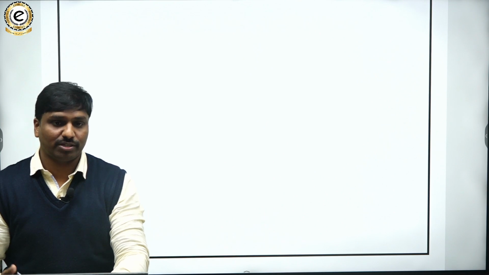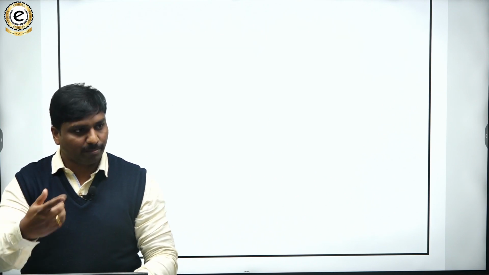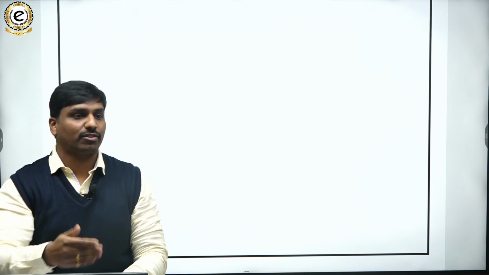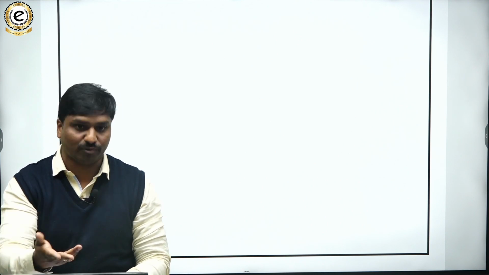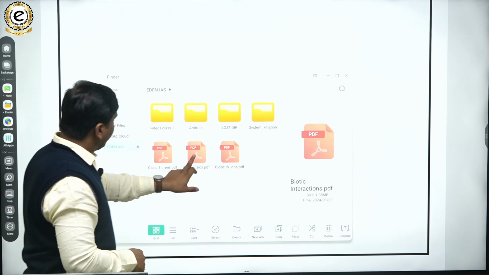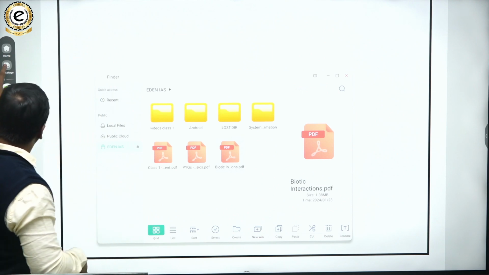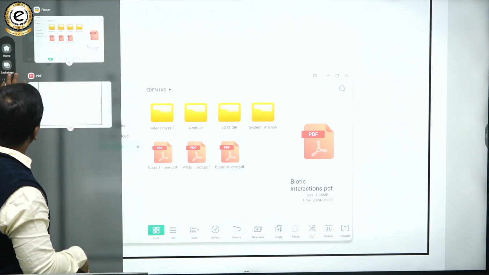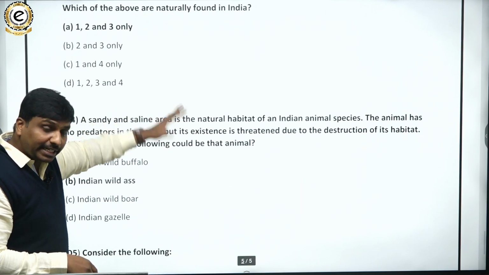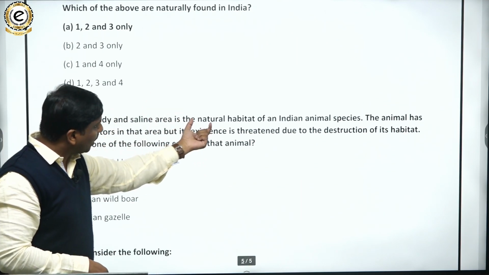The previous year questions document will also be circulated. Go through those questions so that you get to know the importance of what we are studying and how we have to study. Just have a look at the previous year questions document. You will see repeated themes of questions with reference to natural habitat.